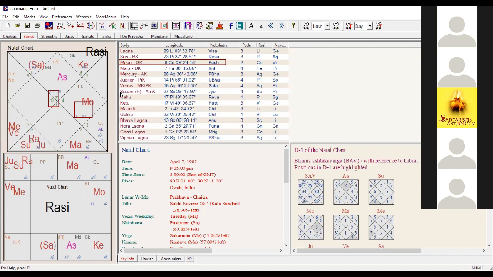Saturn. Okay, now in your notes, you have written Rahu and Jupiter, right? You can write down Saturn also. It means the moon is connected with Saturn.